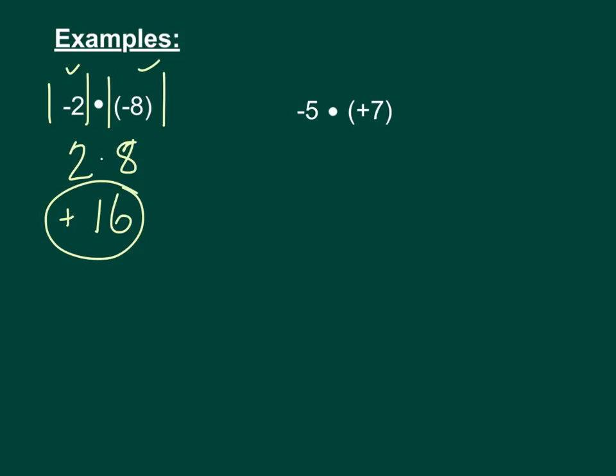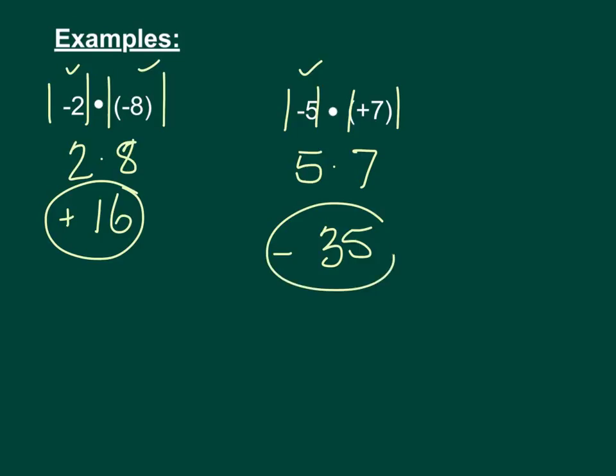Over here, I've got absolute values again, 5 times 7, only one negative, which tells me that's an odd number, so my answer is negative 35.